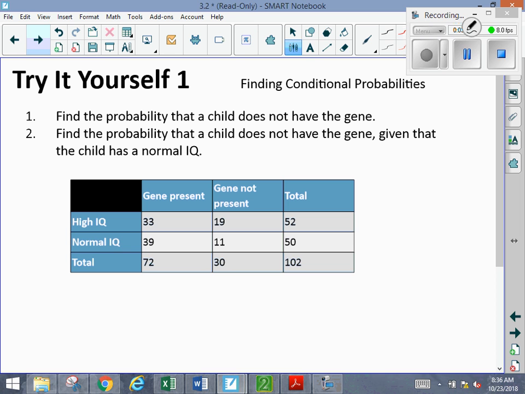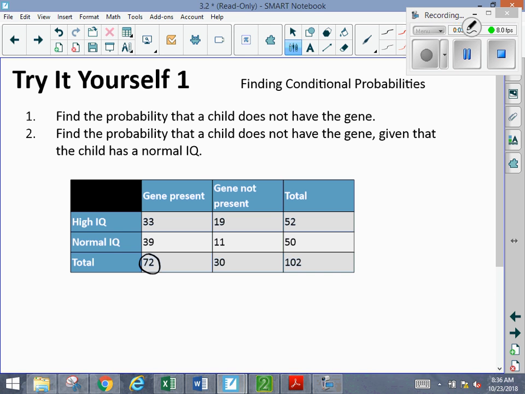Let's find the probability that a child does not have this gene. So how many people have the gene? 72. Now we're not doing anything like they do not have the gene given they have a normal IQ or a high IQ.